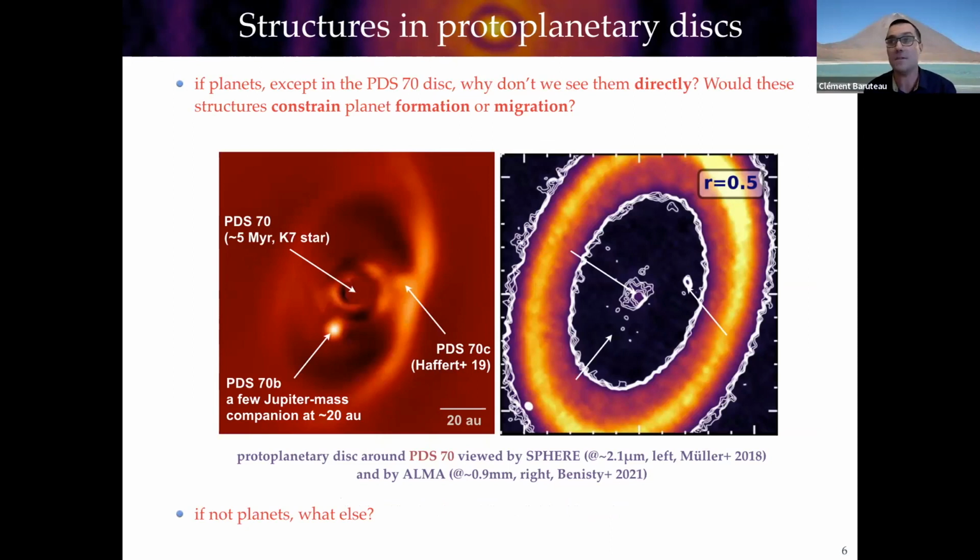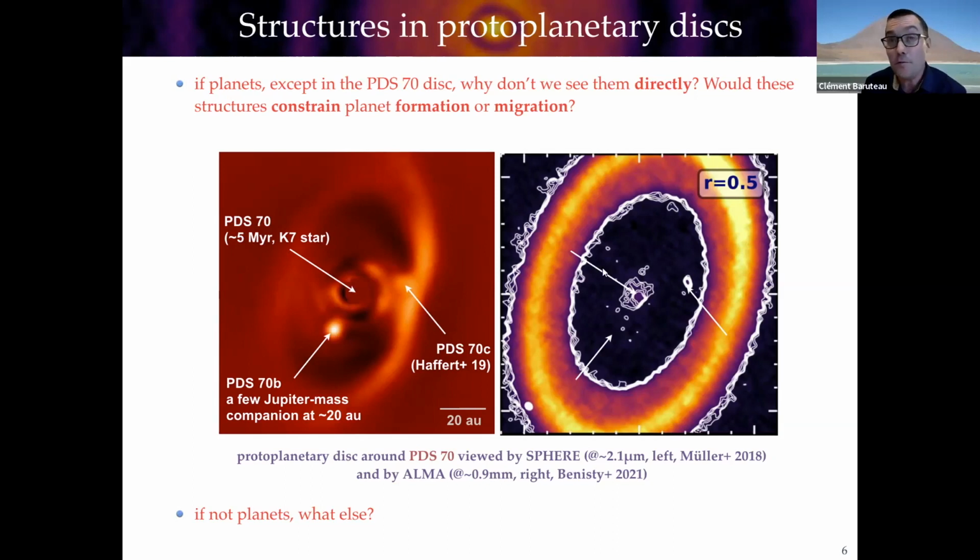We do not see blobs or dots which say, yes, there's a planet in there. So that's a big question. Except in this disk, the PDS-70 disk, why don't we see the planets directly?